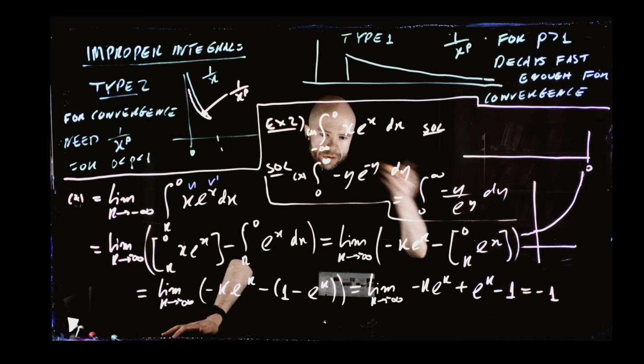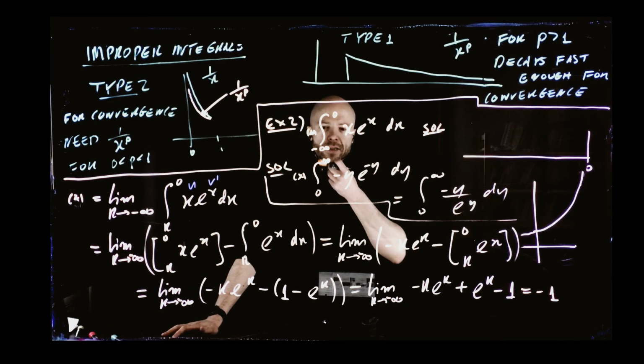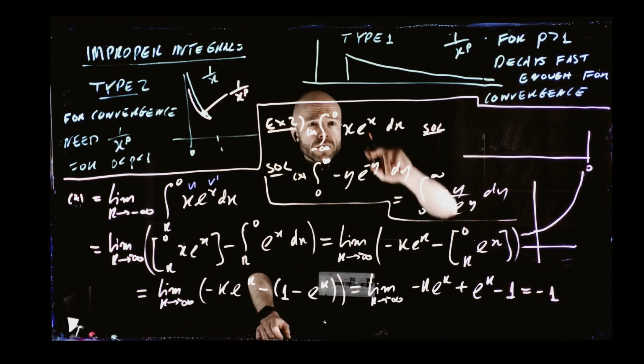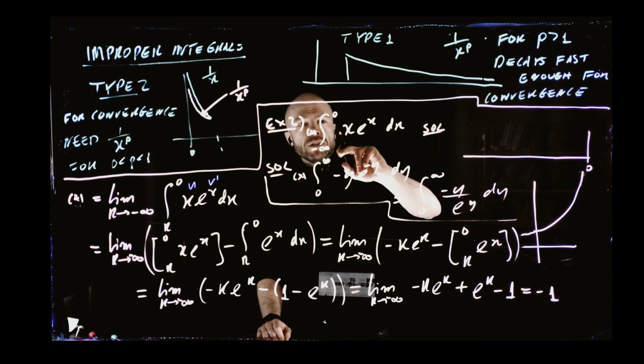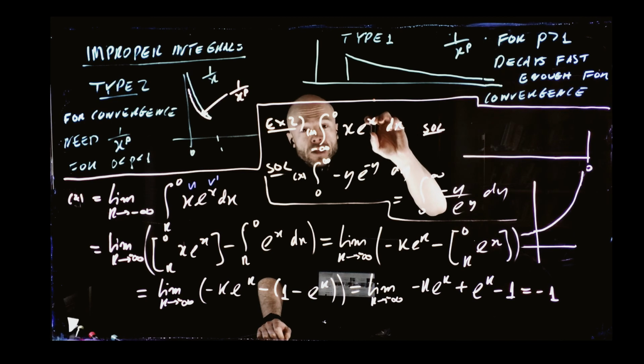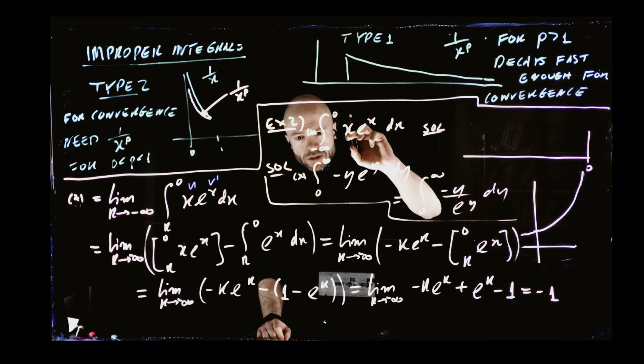Do we believe that we have the right sign? Is negative the right sign? Well, let's think about it. So this guy right here, as we go from 0 to minus infinity, e to the x is always positive, but this guy is indeed negative. Yeah? This guy is indeed negative.